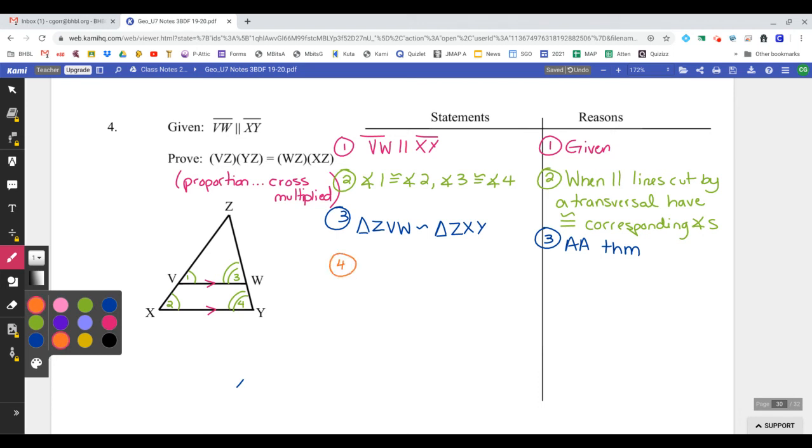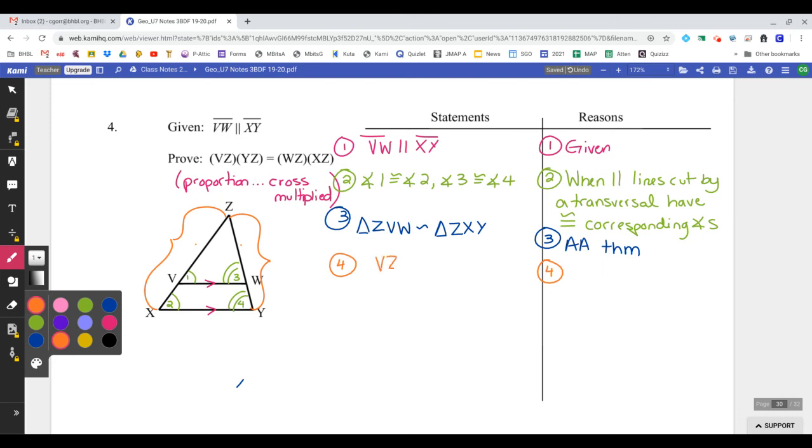So now I want to take a look at what kind of proportion I need to create. So we have VZ and we have WZ. We then have YZ. We also have XZ. So again, lots of different ways that we can set this proportion up.